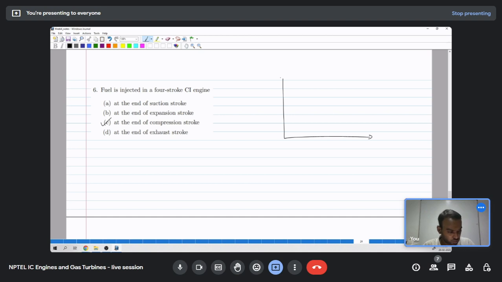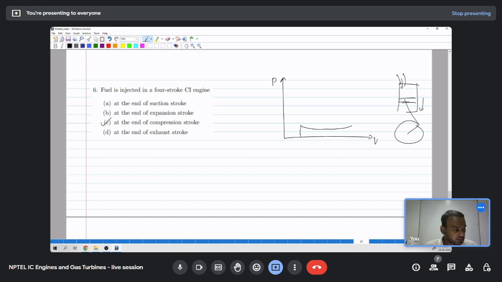So you have the pressure-volume curve. I start the cycle from the TDC. During suction, we suck the gas into the cylinder. The piston moves down and the volume increases, but the pressure decreases because there is a small opening for the air to enter, and it is sucking the air through a restriction.